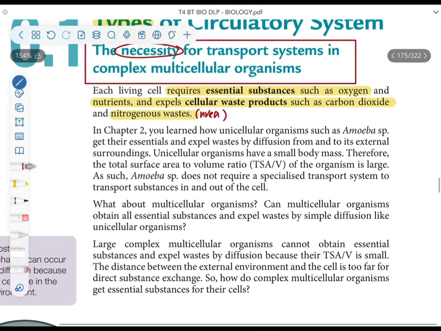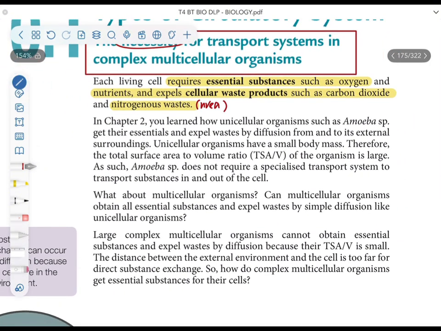In my previous videos for chapter 2, we already learned that unicellular microorganisms such as the amoeba species get their essentials and expel the waste by simple diffusion to the external surrounding.